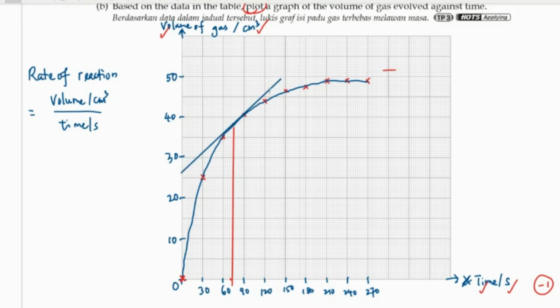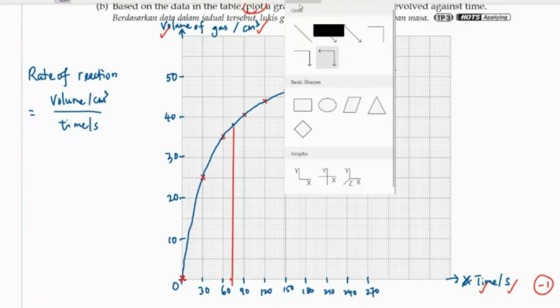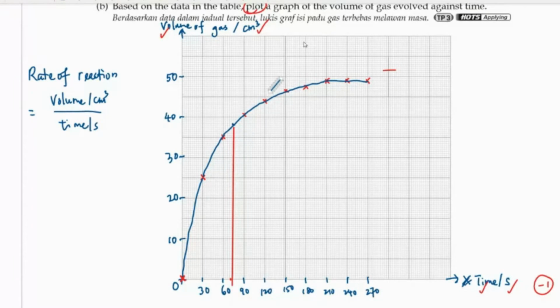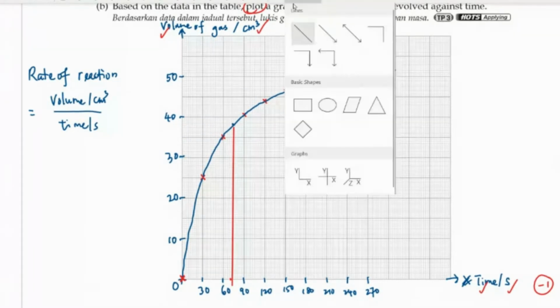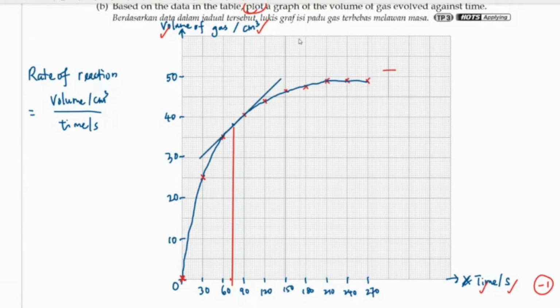Use the ruler, ruler is easier. Okay, roughly like this.